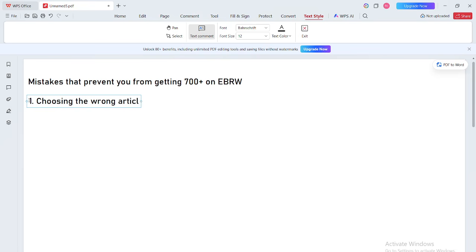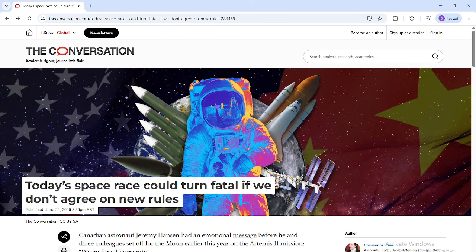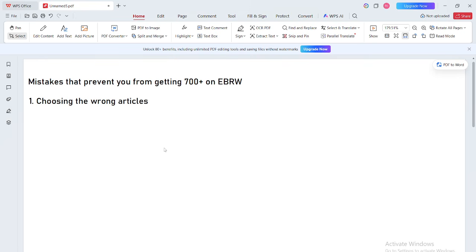Now, hear me out. If you have like 500 or 400 on the SAT, you cannot go directly into the hardest articles like the New Yorker or the Economist, because they have really hard words that you might have never heard of. What you should be doing, if you have let's say 400 or 500, is start with articles like New Scientist or some other ones that are not that hard.